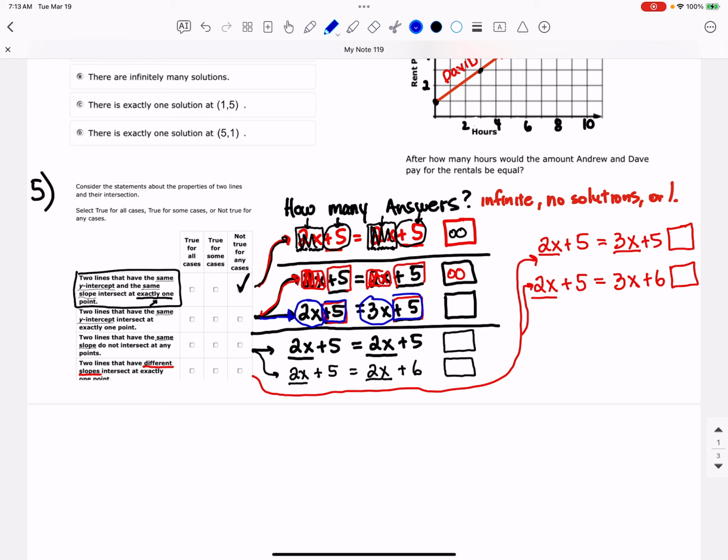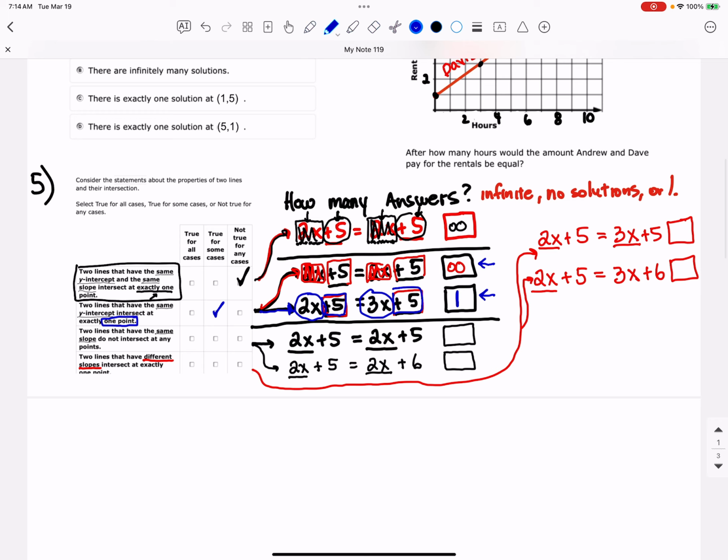This is just a normal old problem. So if you have the same y-intercept, sometimes you're going to have infinity solutions if you have the same amount of x's. Sometimes you're only going to have 1 answer if you have a different amount of x's. So do these lines intersect at 1 point? Is there always going to be only 1 answer? That's what they're saying. Sometimes it'll be 1 answer. Sometimes it'll be infinity answers.